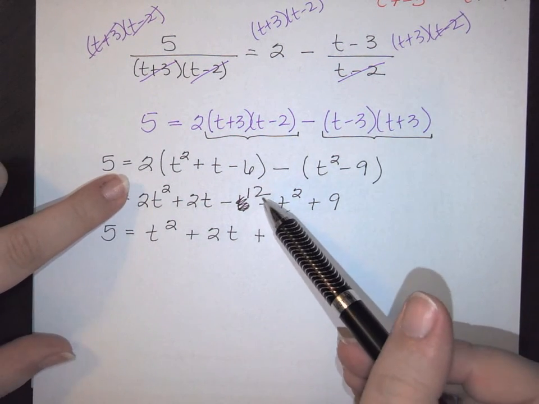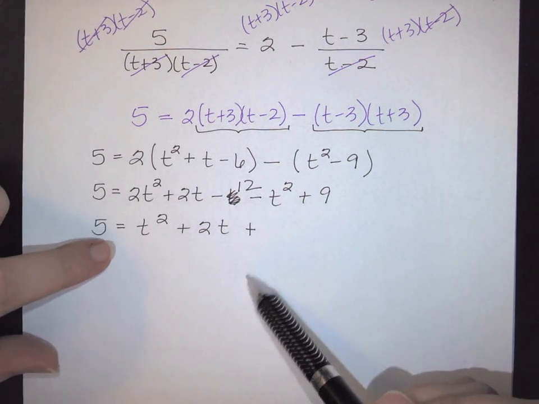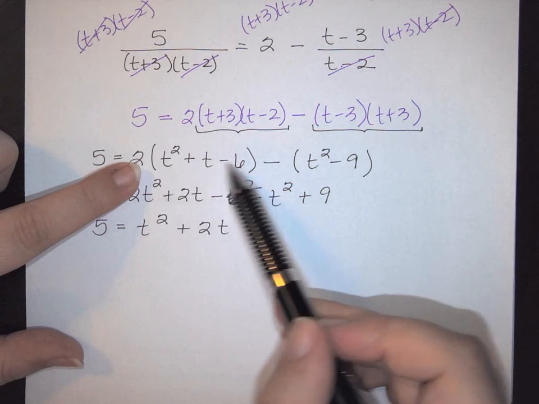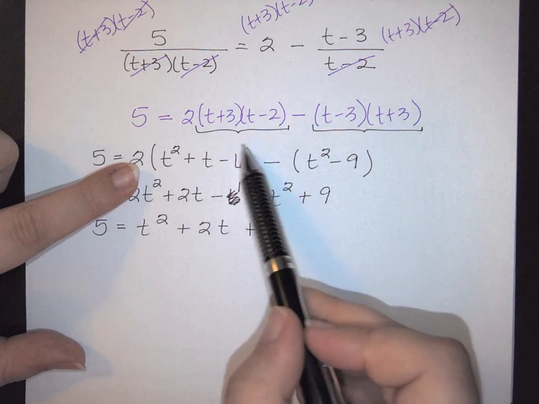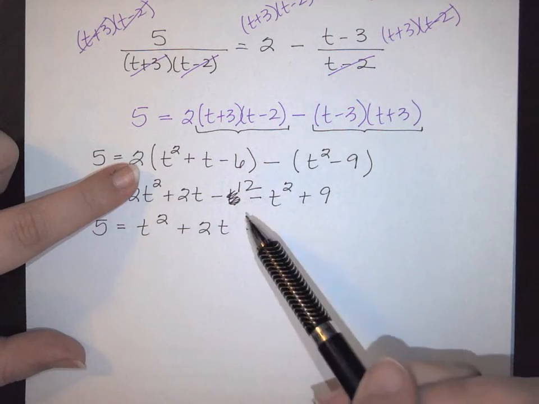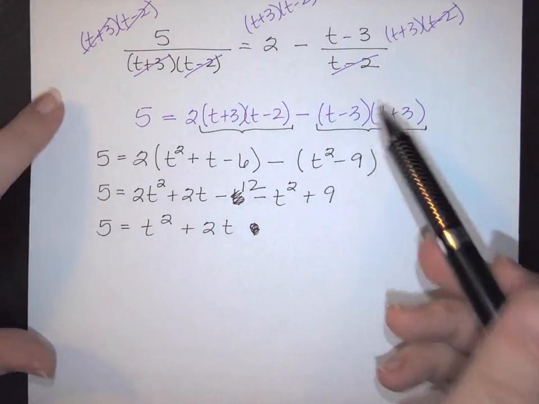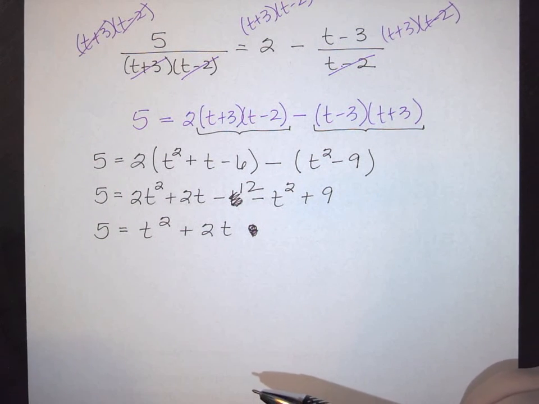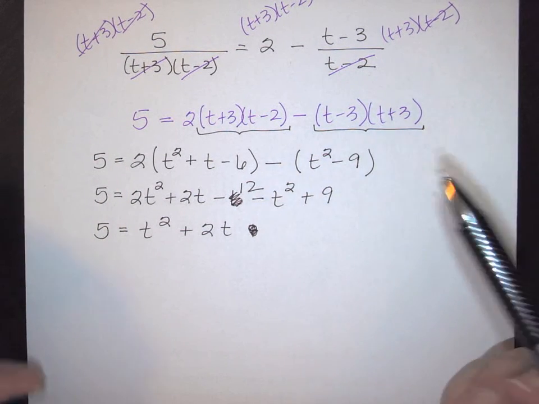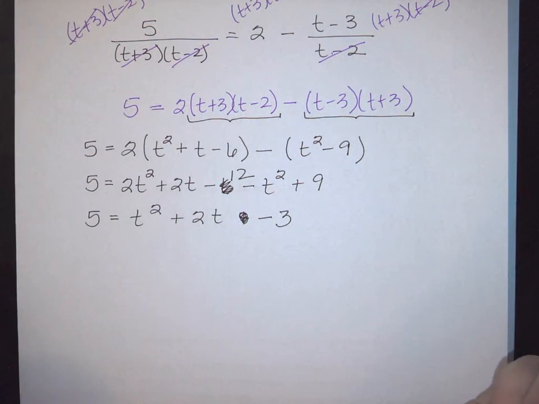So notice, mini aside here, always be double checking your work as you go. What I saw is that when I distributed my 2, I classically forgot to multiply this last term, and that was going to mess up the rest of my problem. So always make sure that you're glancing at the work above to ensure that you did not make any mistakes. So here, negative 12 plus 9 is going to give me a negative 3.